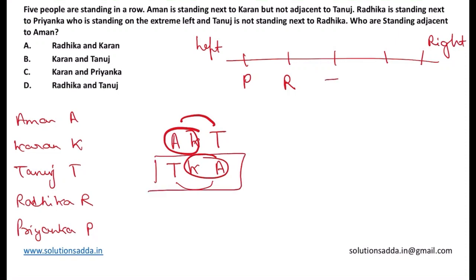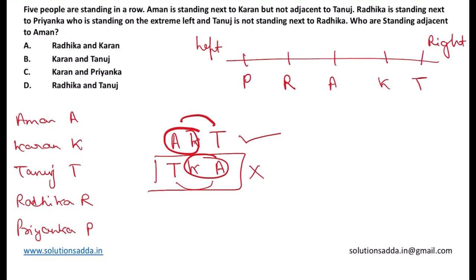If we arrange like this, T, K, A, in this situation Tanuj is standing adjacent to Radhika, which is not in the given condition. Therefore, this situation is not possible, and the only possible scenario is Aman, Karan and Tanuj, because in this all the conditions are satisfied.